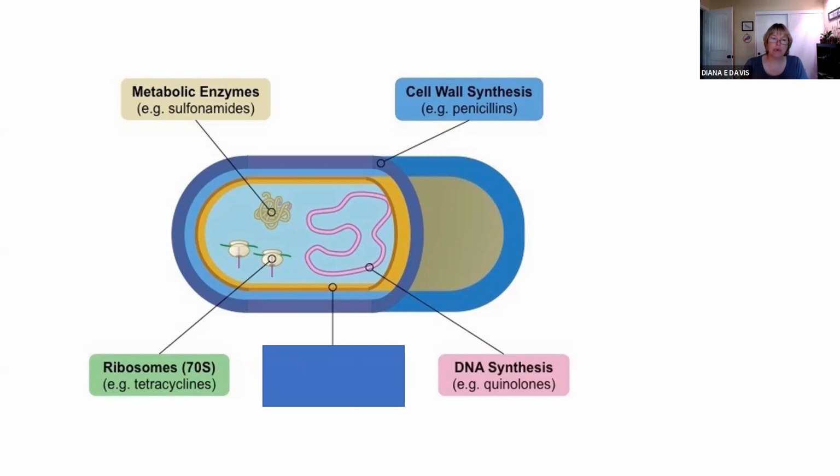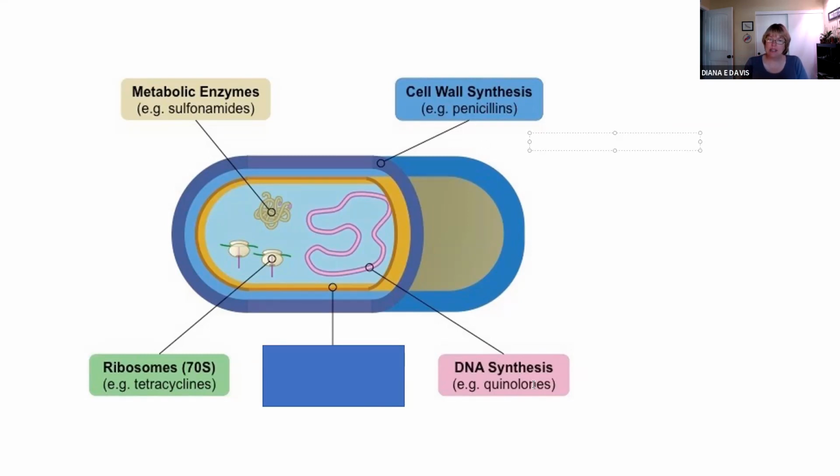So the major 4 categories that we're going to talk about are cell wall. If you've got something that interferes with cell wall synthesis, synthesis is manufacturing. So that's going to stop cells from dividing. And penicillins and ampicillins and things like that target the cell wall.